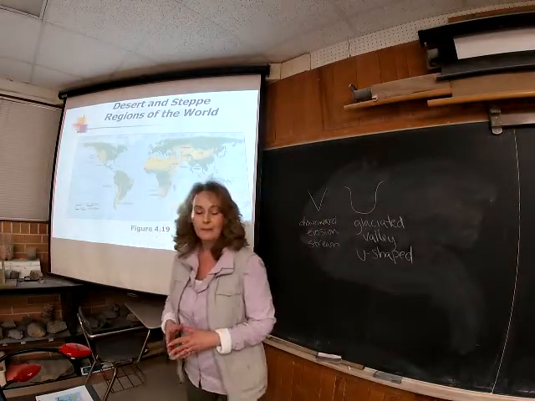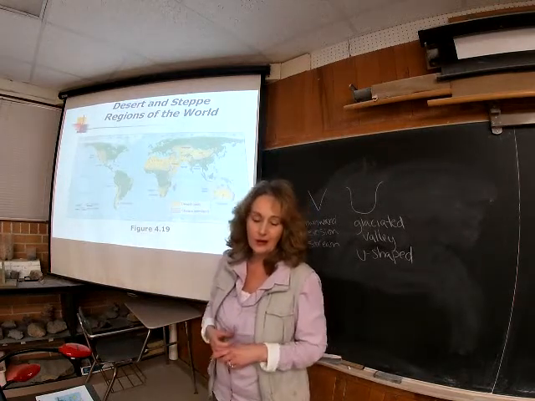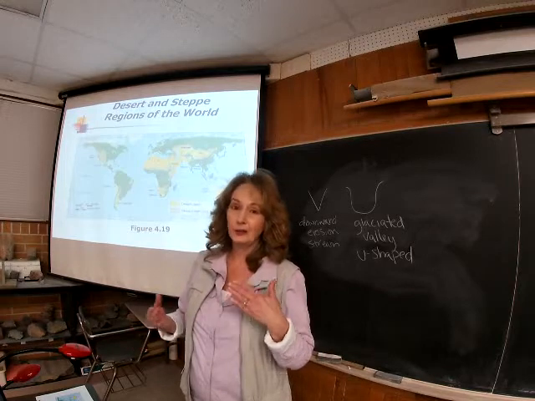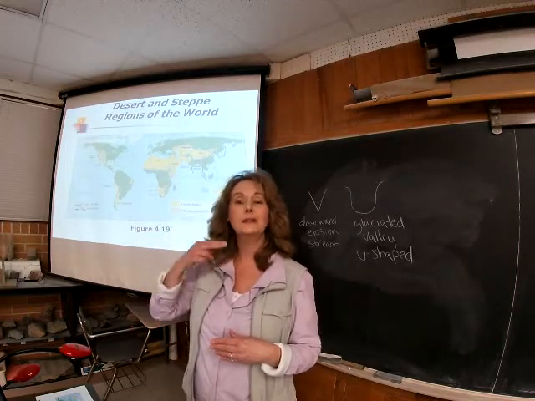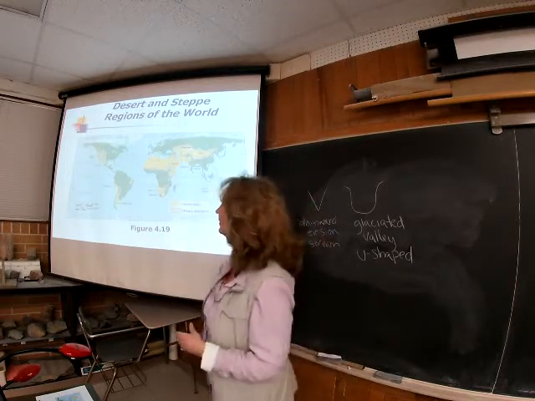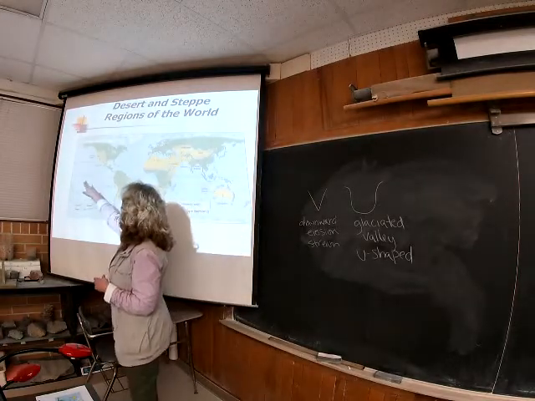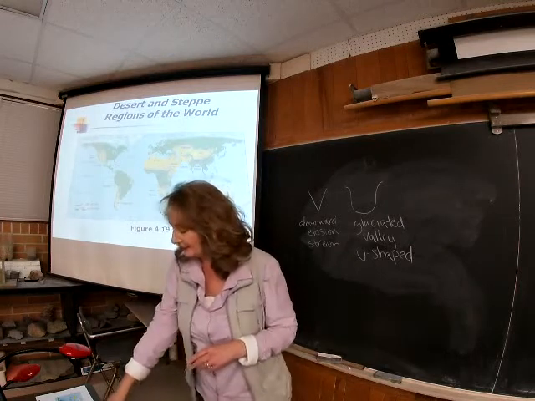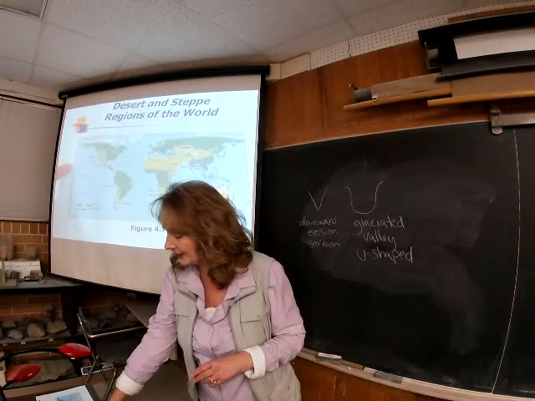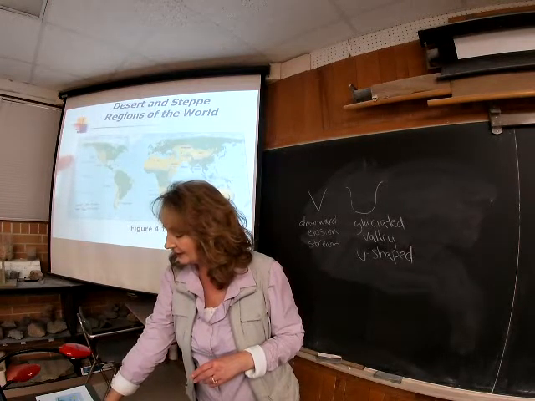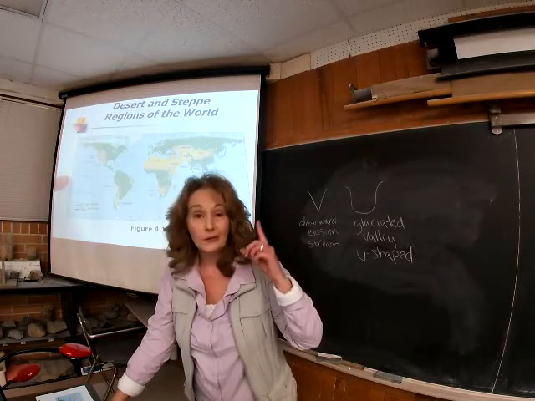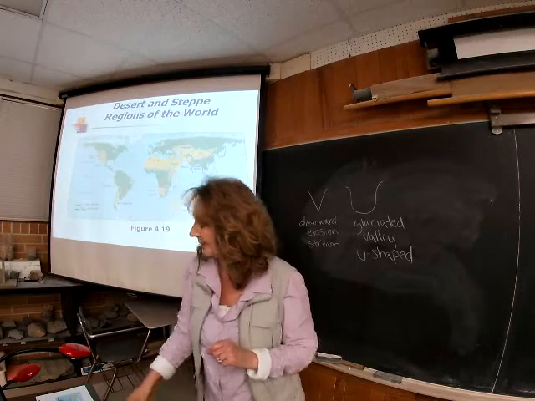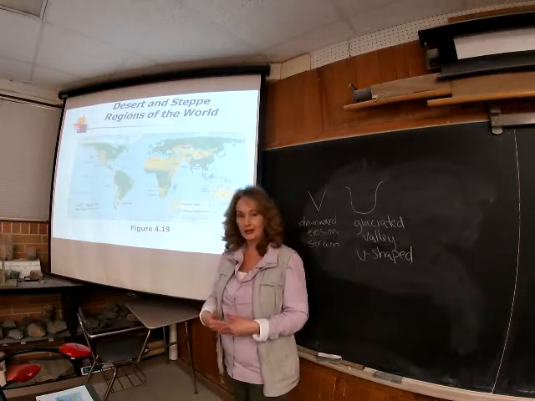And so the major desert regions of the world are located at 20 to 30 degrees north and south latitude. So here's our equator, right? There's the equator. And I don't know how well you'll see it, but we've got latitude going this way. Here's 20, here's 30, here's 40 north latitude. Here's 20, 30, 40 degrees south latitude.